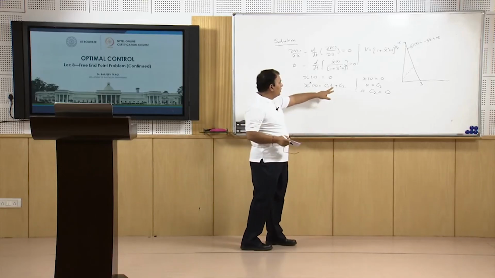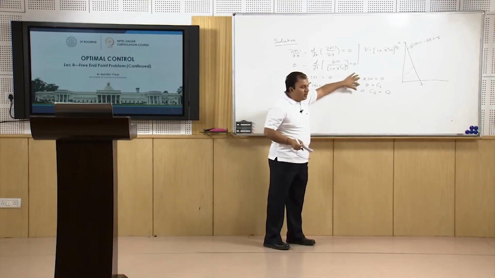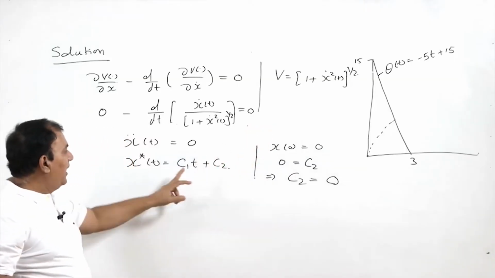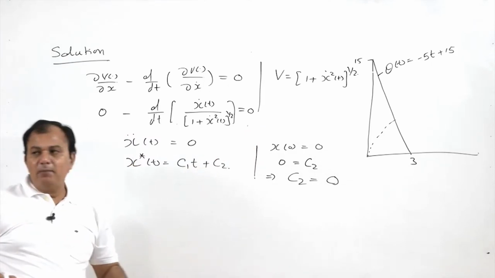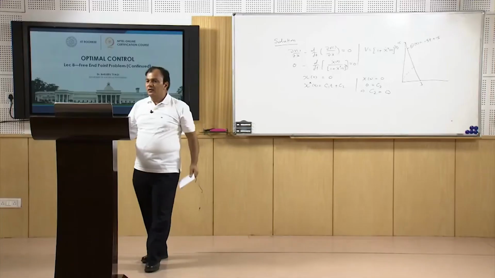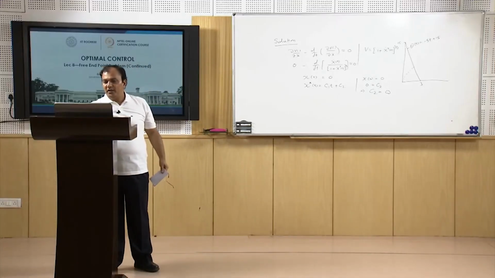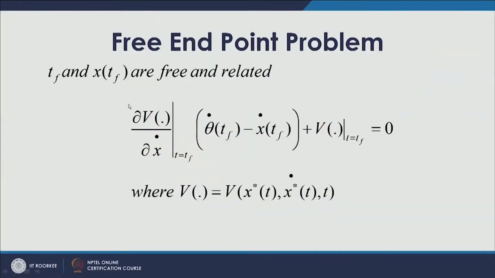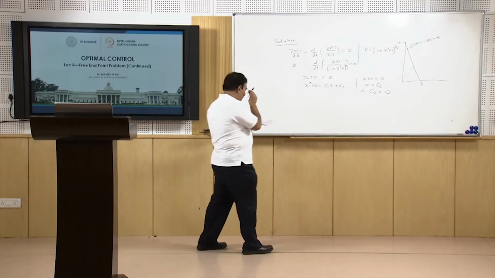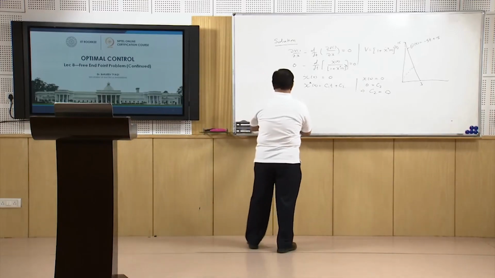So, C2 is 0, which we find from the initial condition x0 equal to 0, and C1 can be determined using the endpoint condition which we derived just now: del v by del x dot at t equal to tf times theta dot tf minus x dot tf, plus v at t equal to tf, equated to 0. So, let us see what we get.